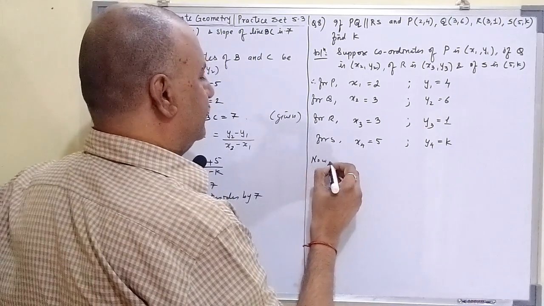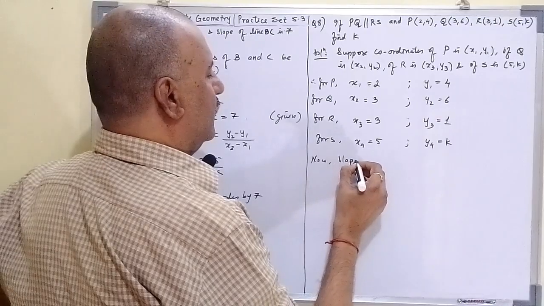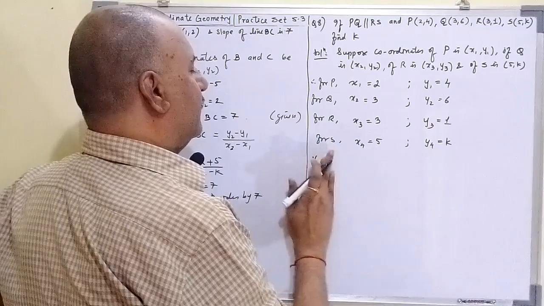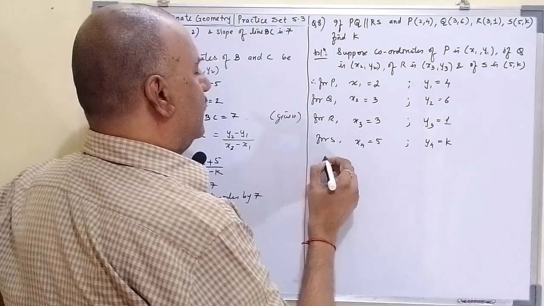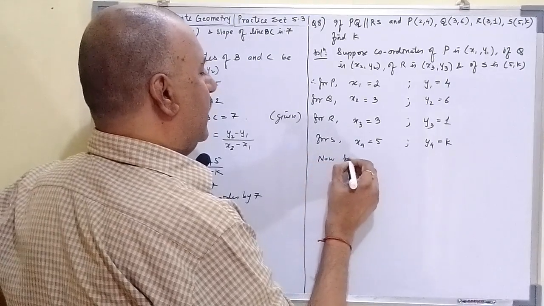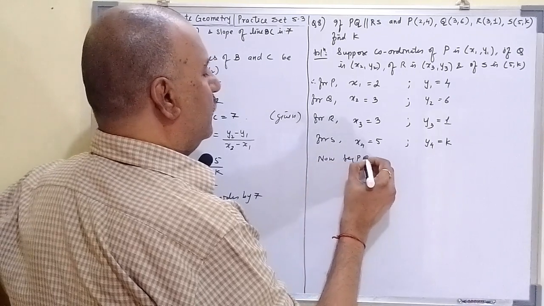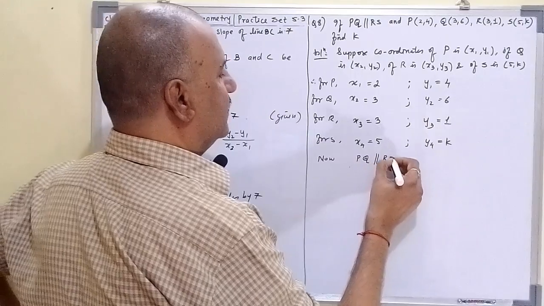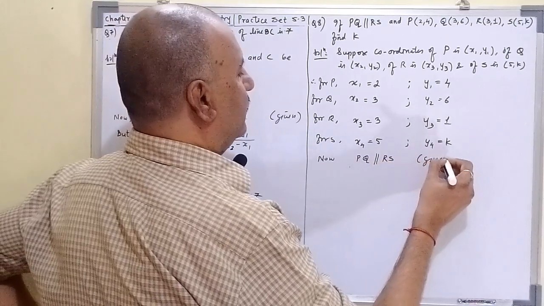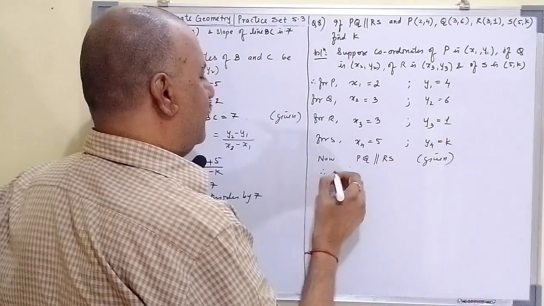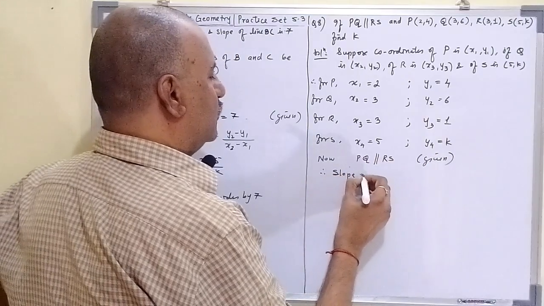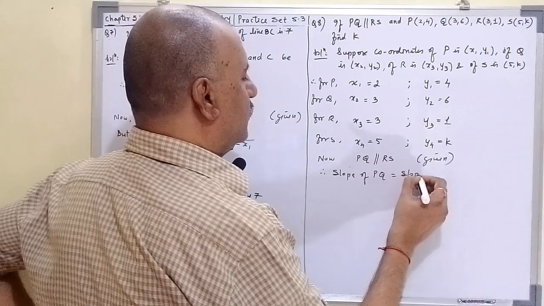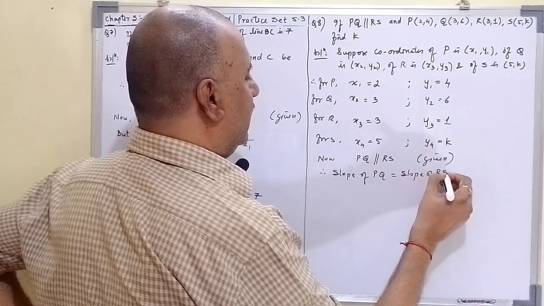Now, since PQ parallel RS given, therefore slope of PQ equal to slope of RS.